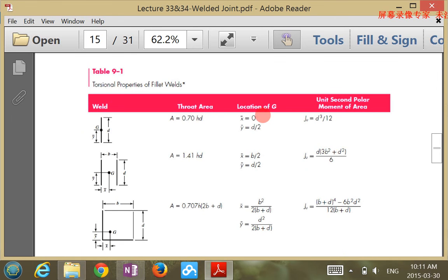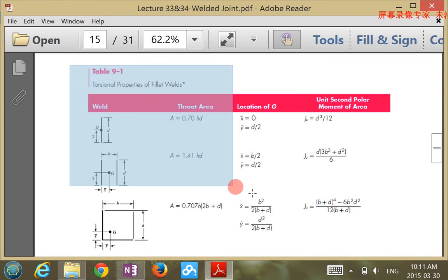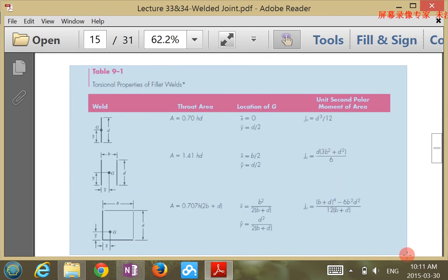This is table 9-1. I'll just take one portion of it.